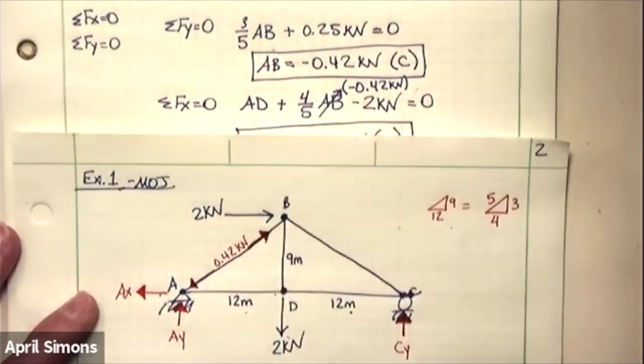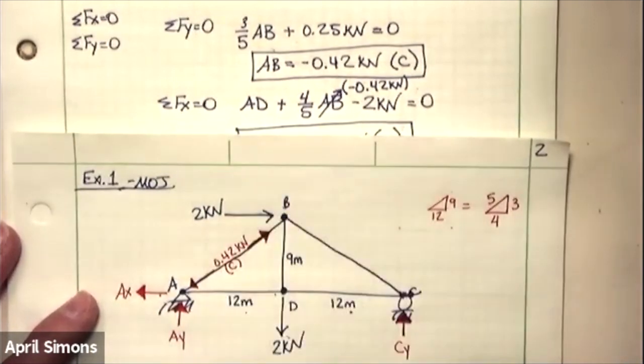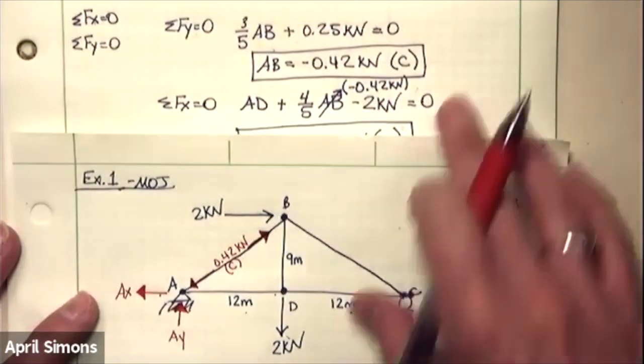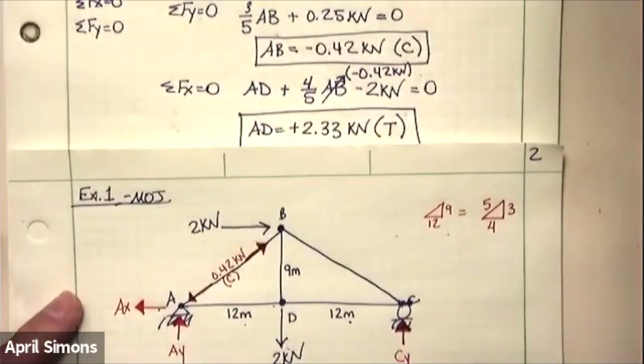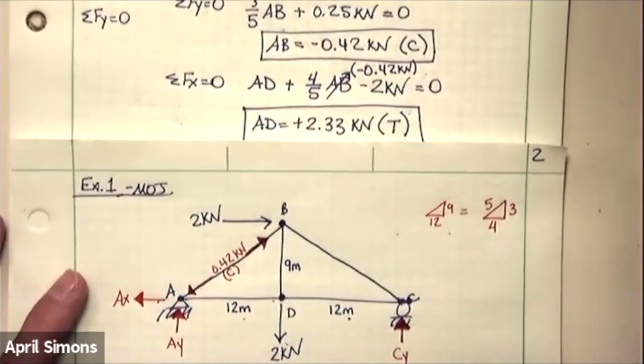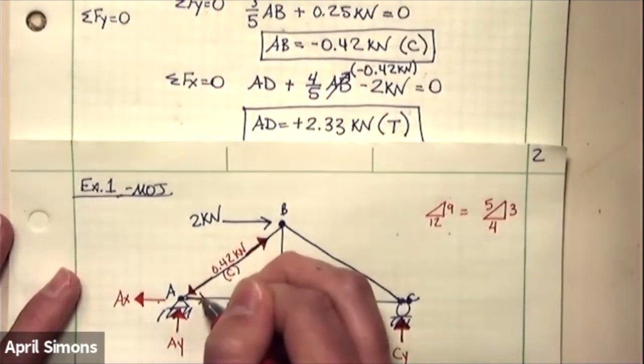I like to show the arrows, and I also like to write here that it is compression. For AD, we got 2.33 kilonewtons in tension. So since this member is in tension, we'll show it with arrows going away from the joints.